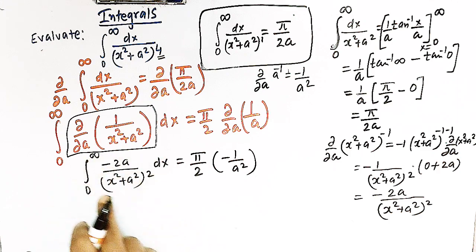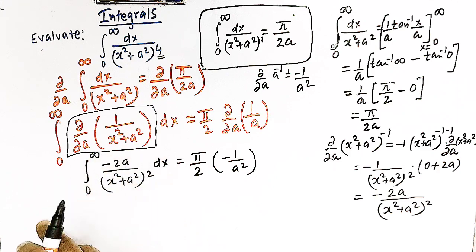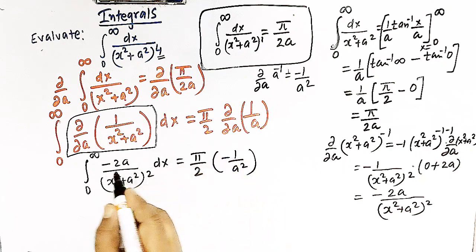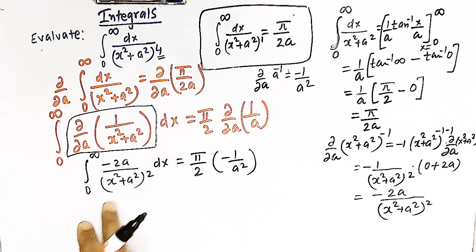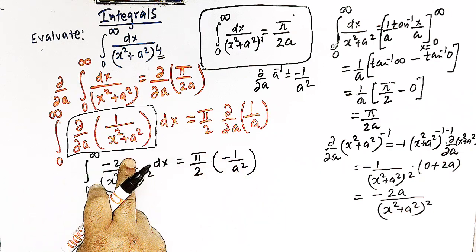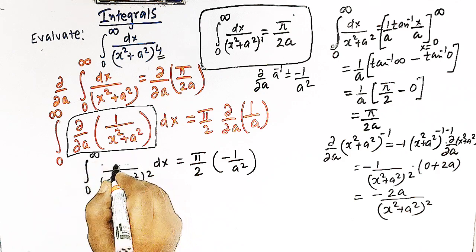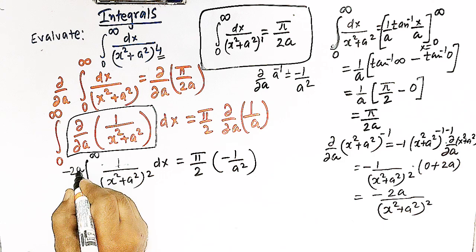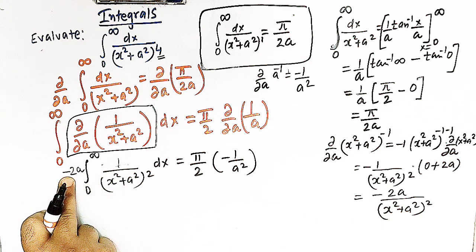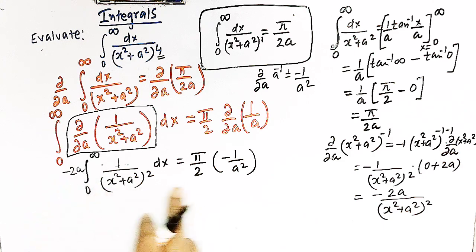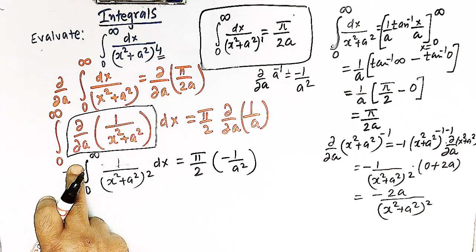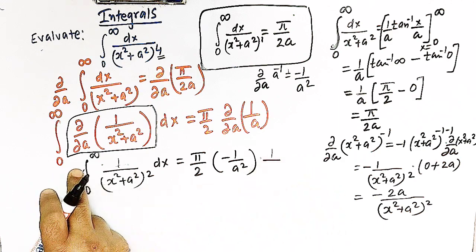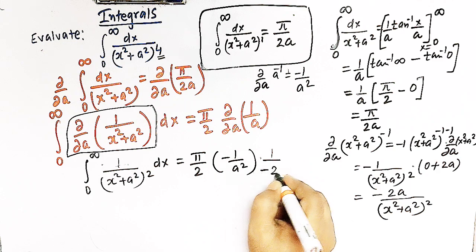So now we have this integral, and when we consider this integral, then x is our variable. So we can take minus 2a outside the integral. So here we have simply 1, and here we have minus 2a, right? So now taking this minus 2a to this side, we have now here 1 over minus 2a.